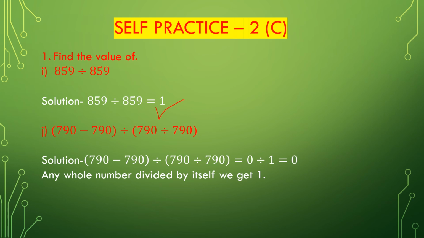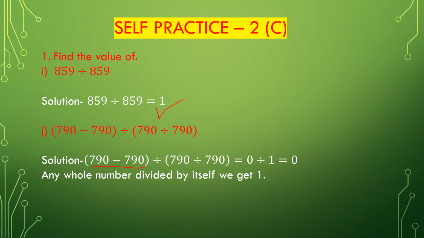Then J, 790 minus 790, that is inside the bracket, divided by 790 divided by 790, that is also inside the bracket. First we perform the first parenthesis, then the second parenthesis.